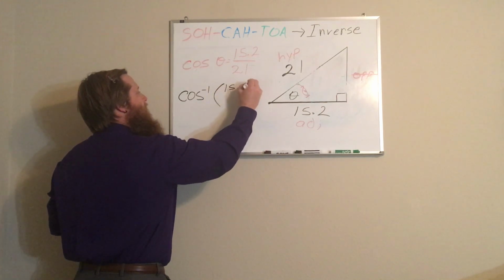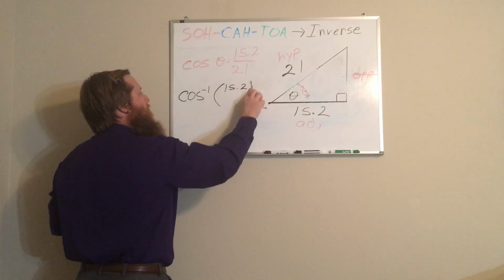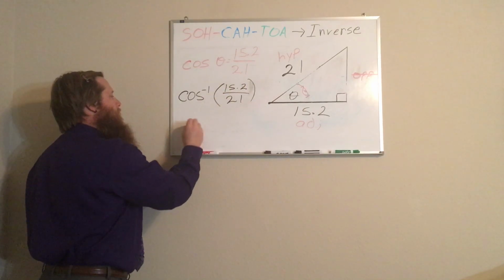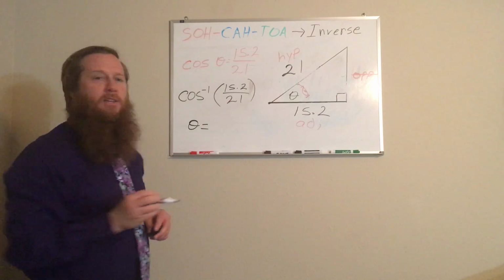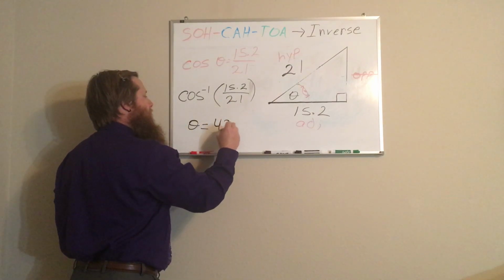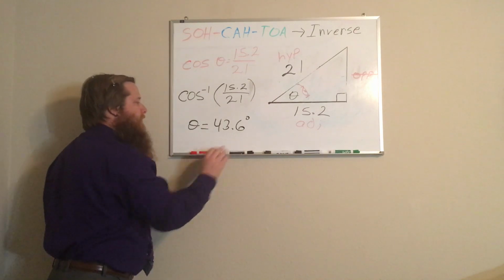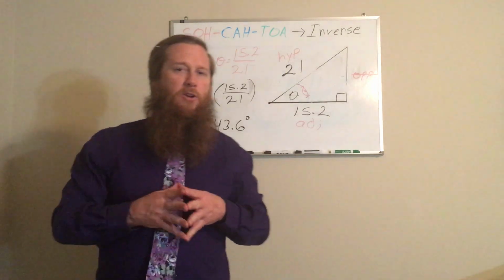The inverse cosine of 15.2 divided by 21. We punch this into our calculators and we should get 43.6 degrees.